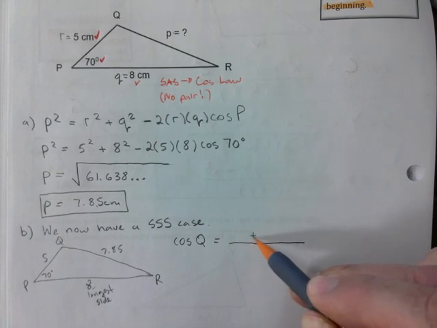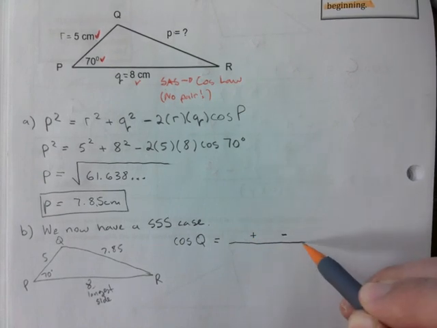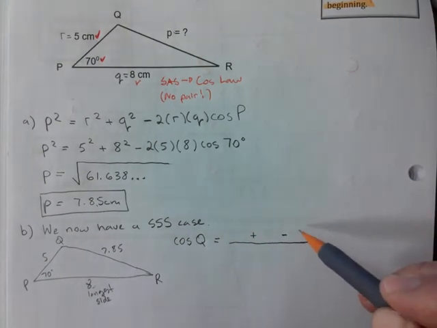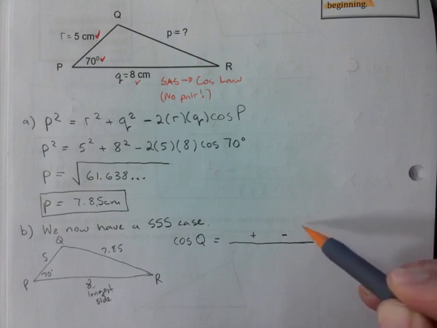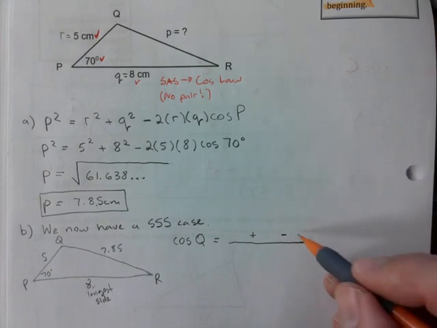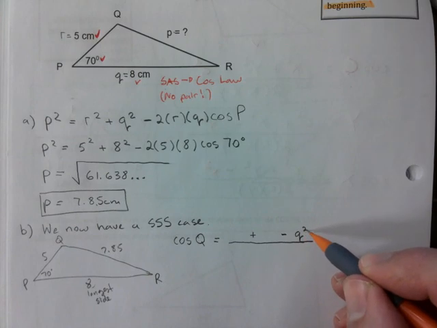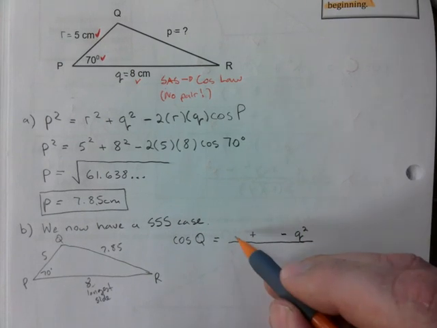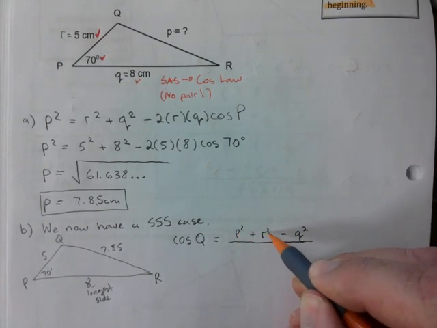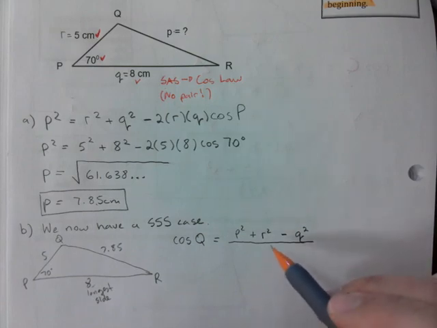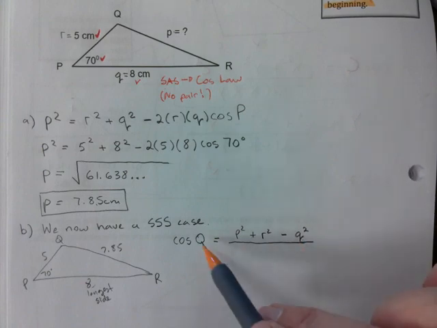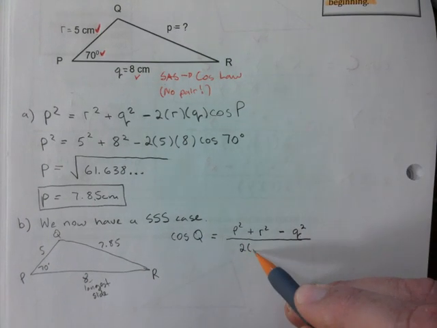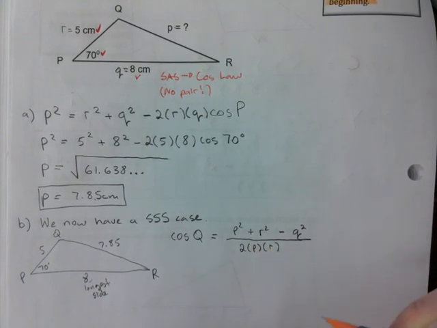It's going to be two sides added, one subtracted. What are you going to put back here? Side Q, correct? Q squared. And then you go P and R, P squared plus R squared. I just call it the other two. I don't care what they are, but Q goes here. Then it's 2 times P times R down here.